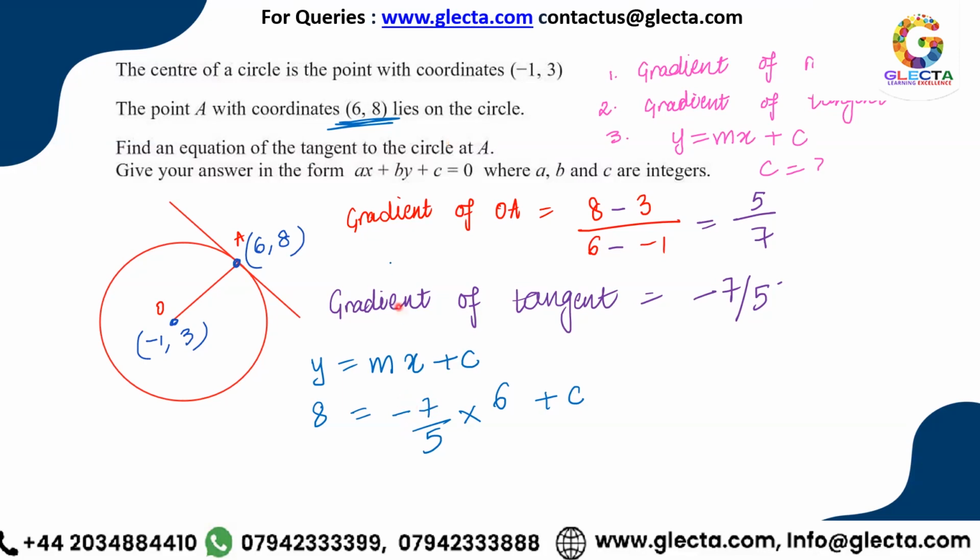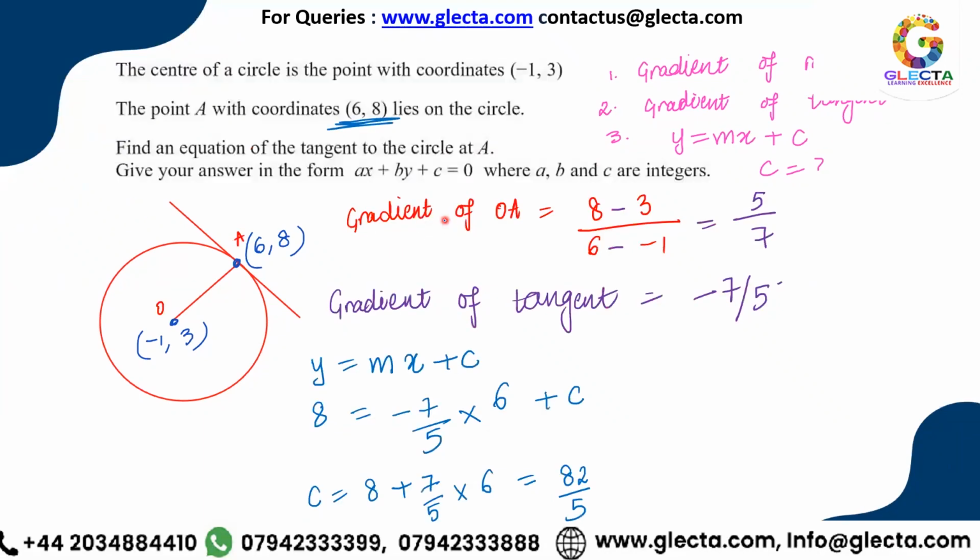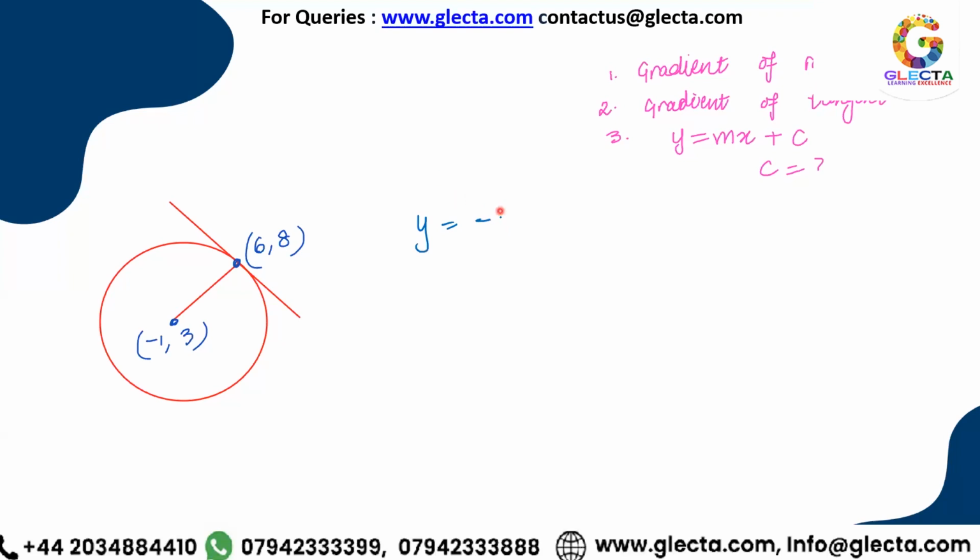All right. So over here, when we are doing this thing, just substitute the values. You would do C equals 8 plus 7/5 times 6, which would give you 82/5. Now we have figured out the value of C. You needed an equation y equals mx plus c, right? So y equals, m came out to be -7/5 and C came out to be 82/5, right?